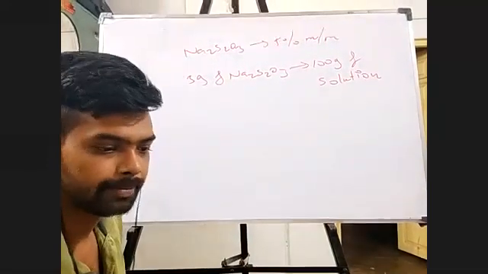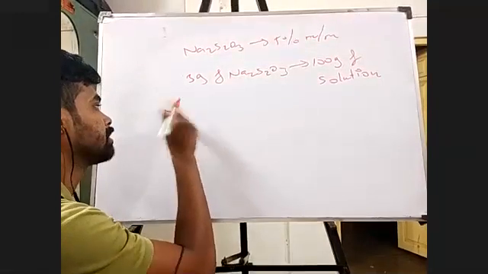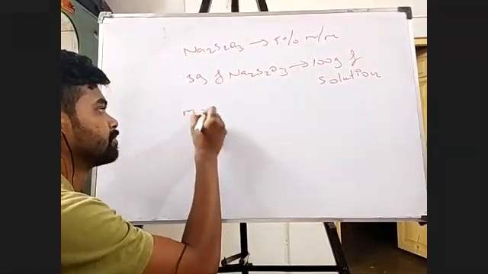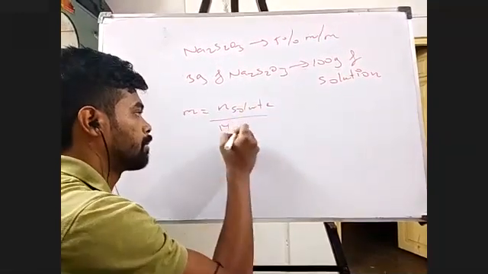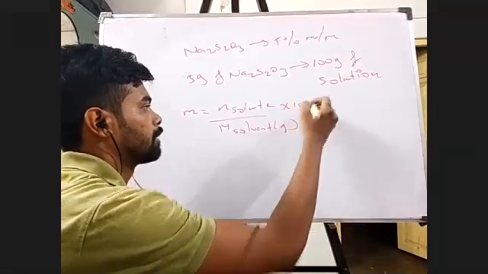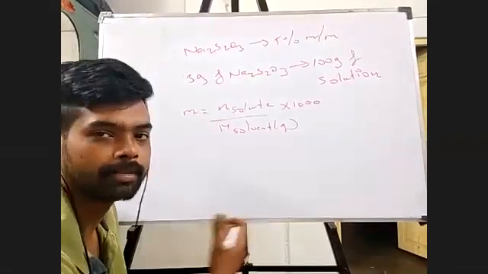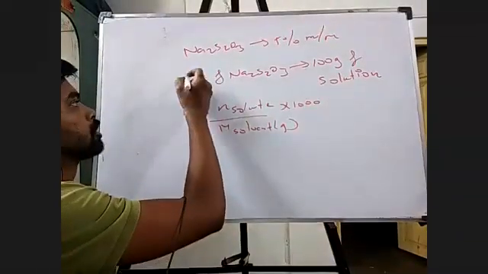Fine. Now, for me to find molality, small m, what is the formula? Number of moles of solute divided by mass of solvent, and if it is in grams, I have to multiply it by 1000. That is molality. Correct? Now, first I'll find the number of moles of solute.